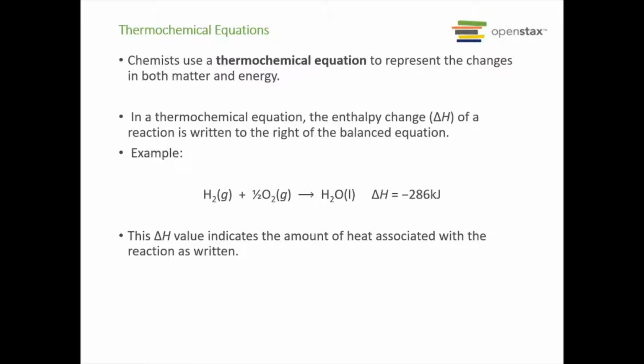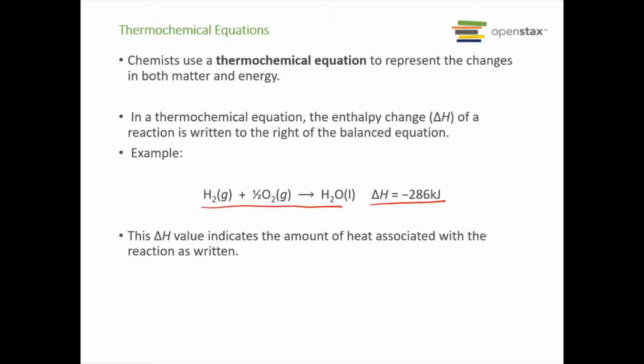So we use thermochemical equations to represent the changes in matter and energy. And so the way these work is you have your reaction, your balanced equation, and then next to it you'd see delta H and a value. Okay, and so this gives us the amount of heat associated with the reaction as it is written. So in this case, we see a negative 286 kilojoules.